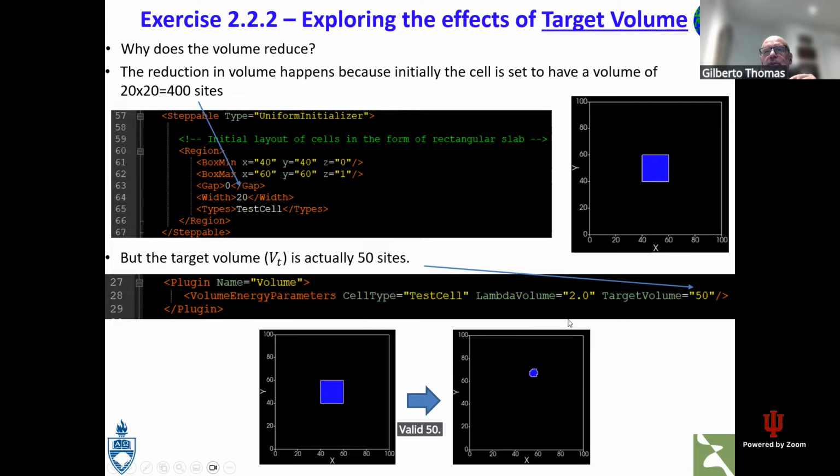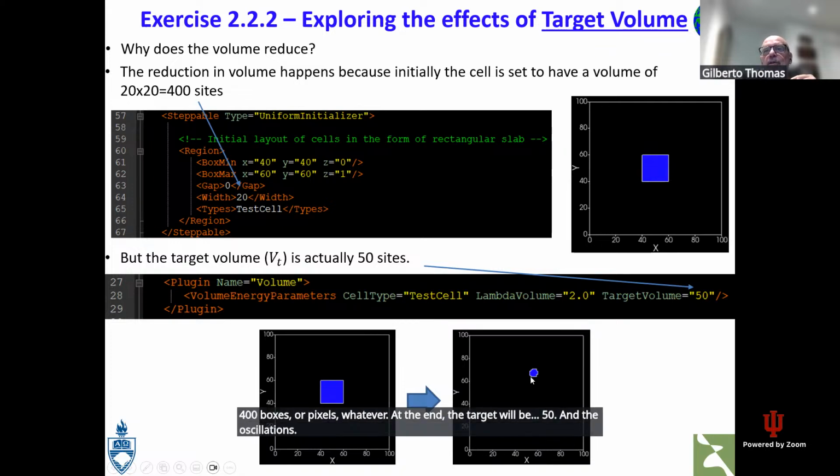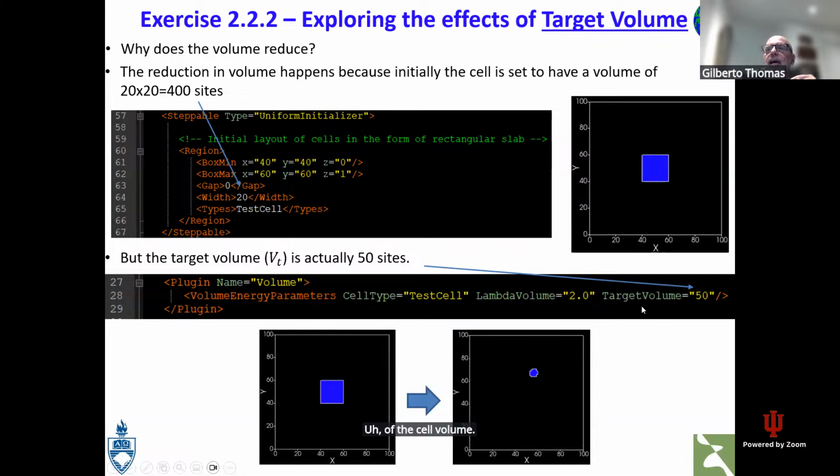As I said before, the volume plugin enforces that the cell always has the target volume. So despite you start the cell with 400 voxels or pixels, at the end, the target will be 50. And the oscillations of the cell volume will occur around the volume of 50, not around the 400 you have at the beginning.